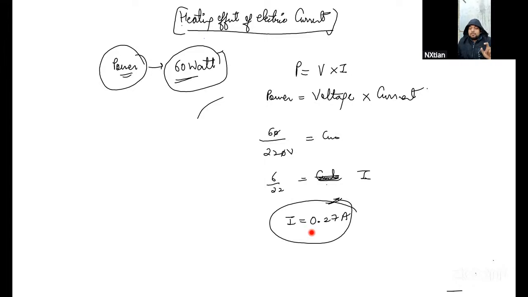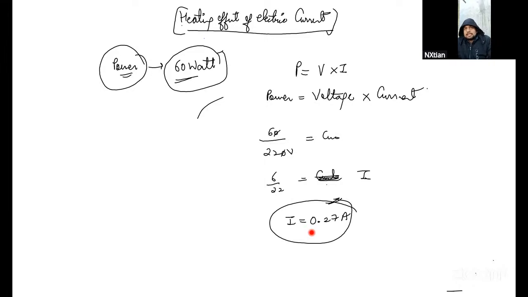So the voltage in our houses is fixed, which is 220 volt. All the appliances which are made, you will check the instructions, like we read, that they are based on 200 to 220 volt or 240 volt. Every appliance is made on this. Like in India, it's 220 volt.